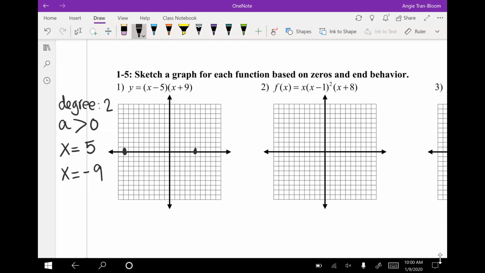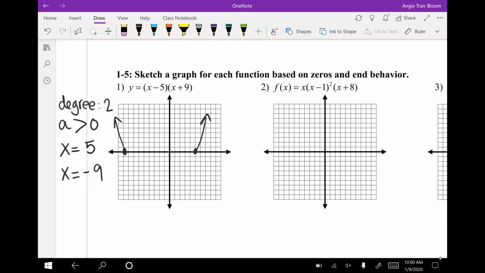Okay. Do we know the end behavior? Are they both going upward, downward, or a mixture? Up. So we start with end behavior because it said so. Now, do I bounce off each root or do I run through it? Is this a degree of 2 or is each one a degree of 1? 1.